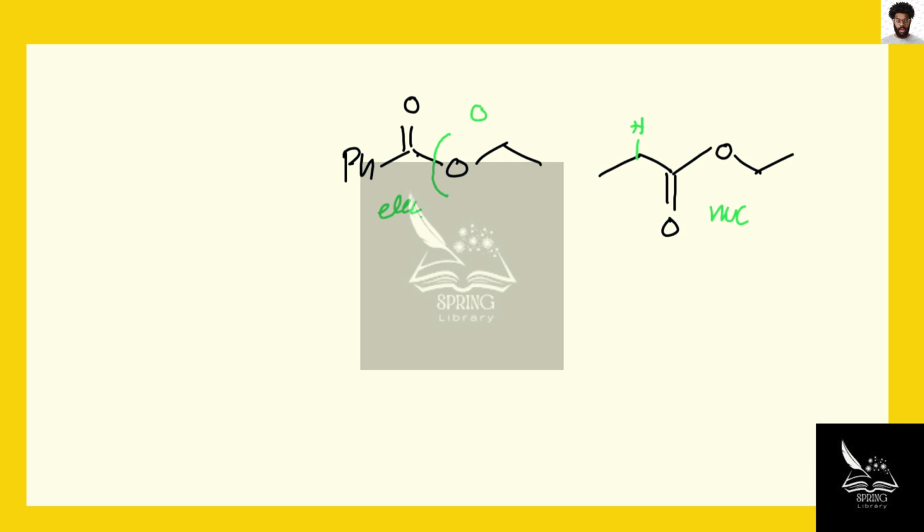It'll lose an oxygen with a CH2, CH3, but it's going to gain a bond between the carbon on our nucleophilic ester with the enolizable proton and our carbonyl carbon on the other side.